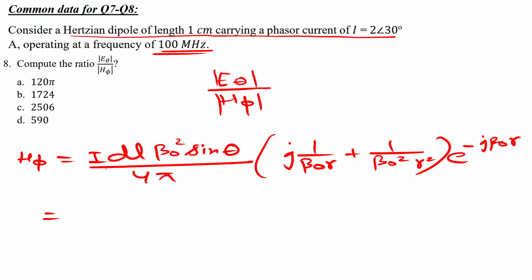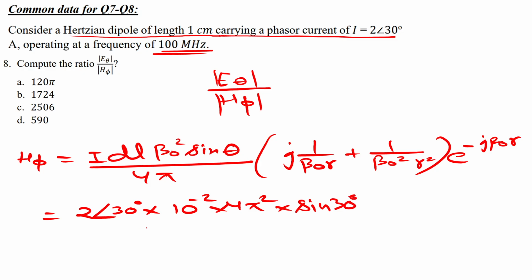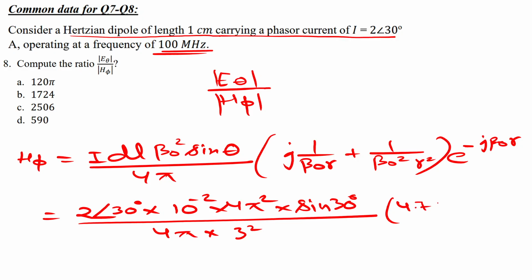And when we calculate this, I know what I is, and dl is 1 centimeter, and beta naught is 4 pi square, into sine 30 degrees, divided by 4 pi into 3 square, into 4.774 j plus 22.8, multiplied with e to the power minus j beta naught r, which is 0.2 pi by 3.